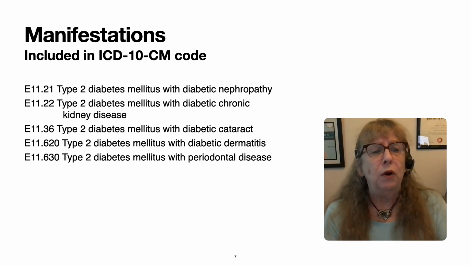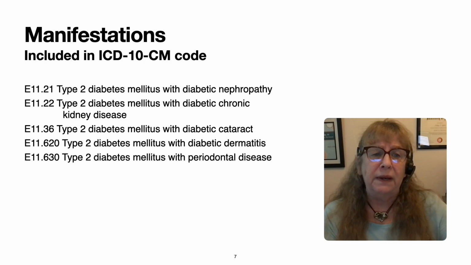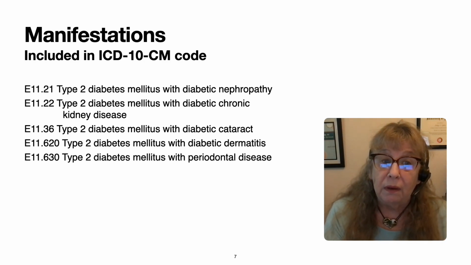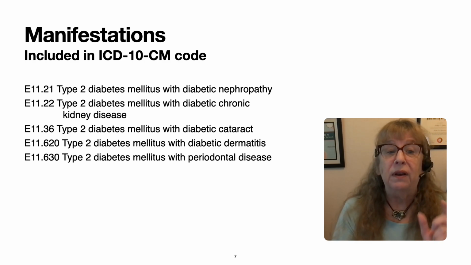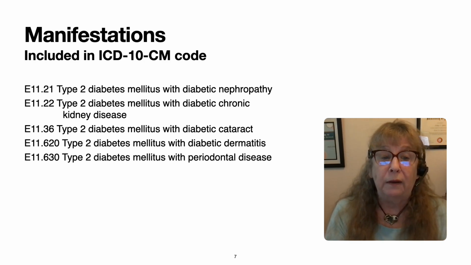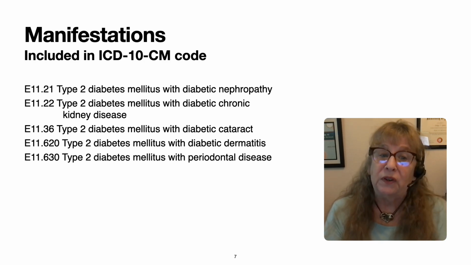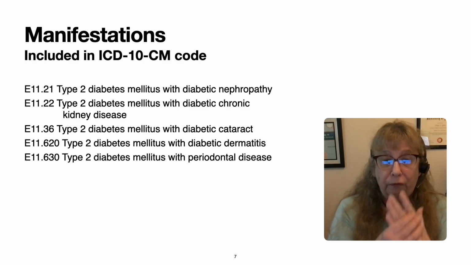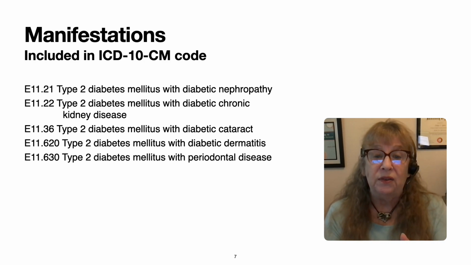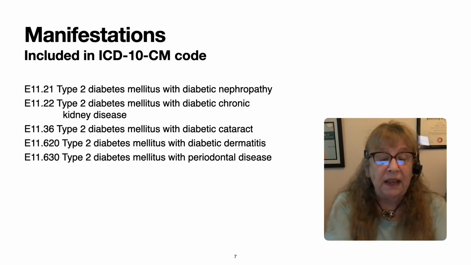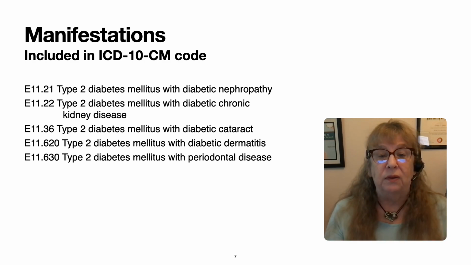Here is just a little teeny tiny smattering of what I mean by combination codes. E11.21 and so on, you'll see they're all type 2 diabetes mellitus, but then they all have that little word "with," followed by the diagnosis confirmed as a result of diabetes, manifestations such as neuropathy, which you know is nerve pain, chronic kidney disease, diabetic cataract of the eye, diabetic dermatitis of the skin, and periodontal disease.